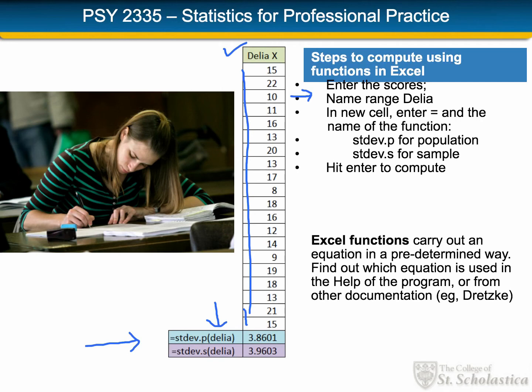If I want it for a sample, the one that has n-1 on the bottom, I get that by using stdev.s and then my named range. And as you can see, the adjustment for the underestimation works. When I'm using this sample equation, I get a value that's slightly larger than the one that I get using the population equation.